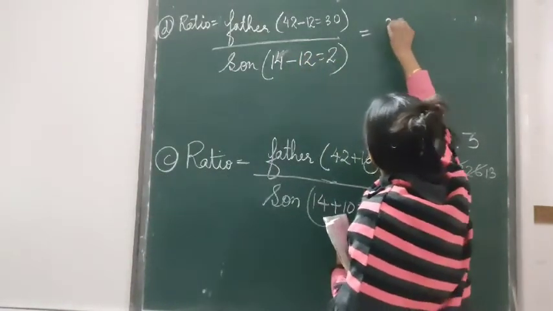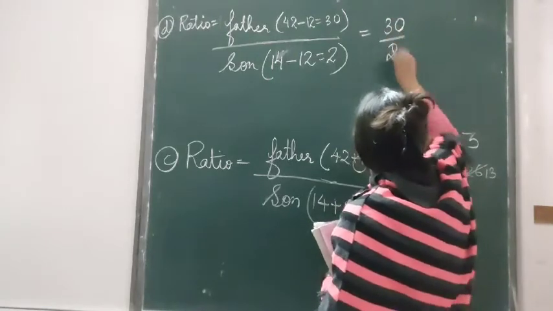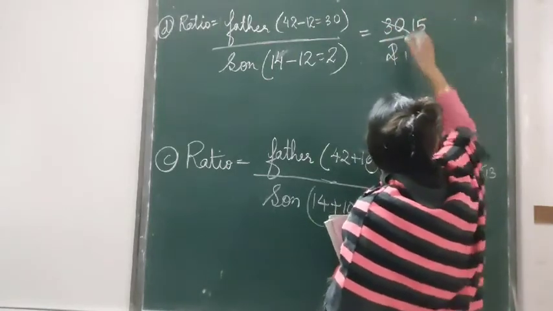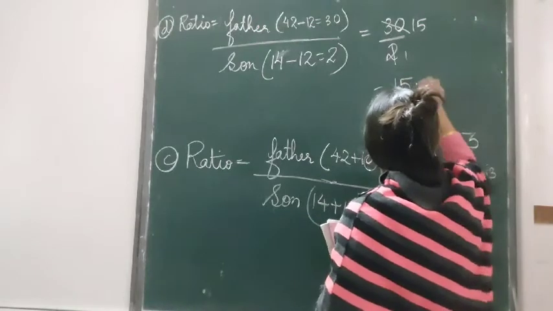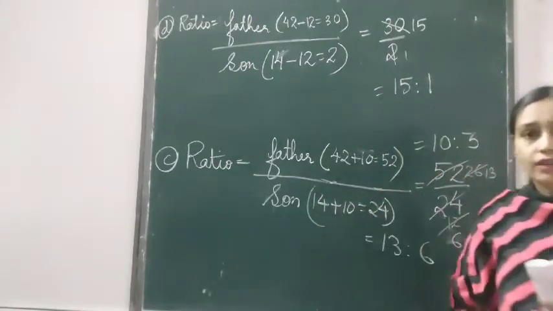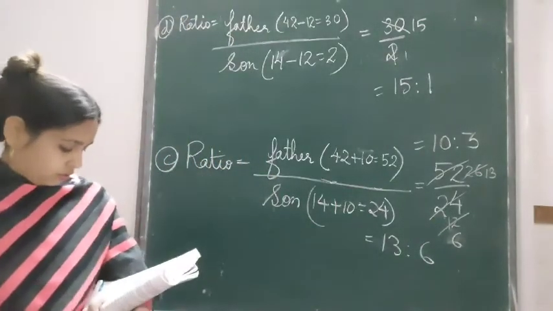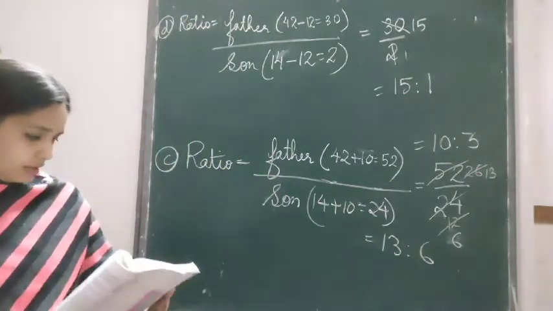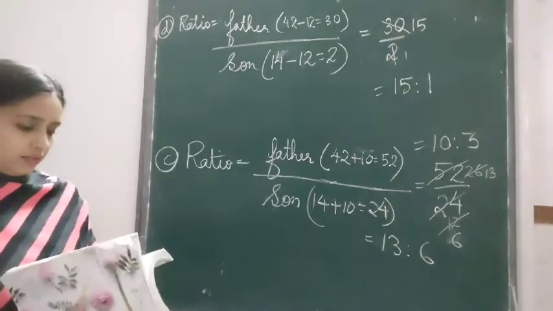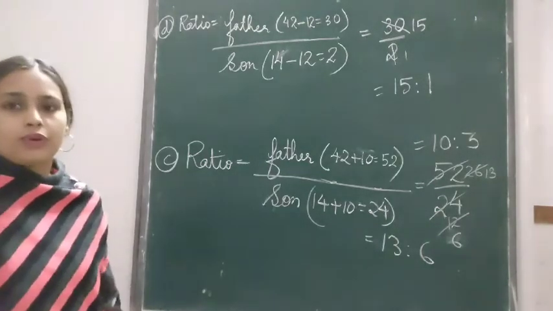So the ratio is 15 is to 1. 2 ones are 2, 2 fifteens are 30. Okay. So that much only, children. This completes your exercise 12.1.